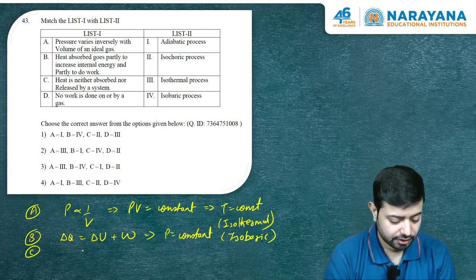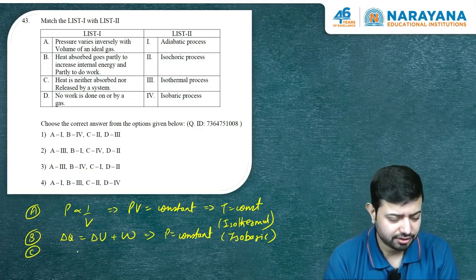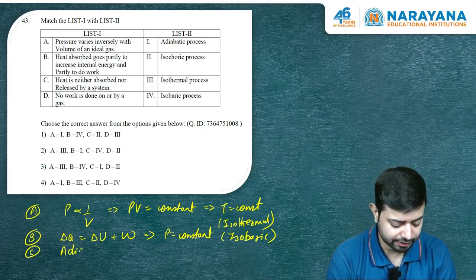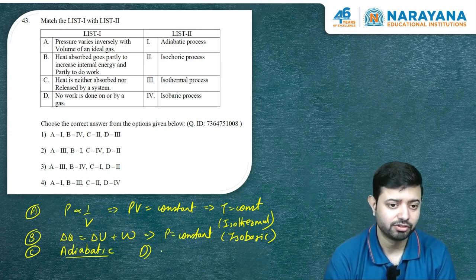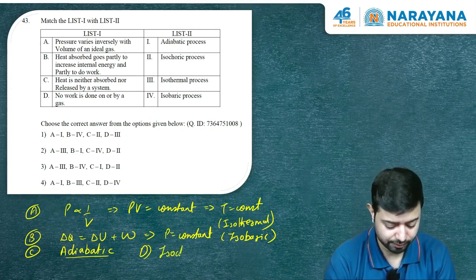C option. Heat is neither absorbed nor released, it is a straightforward adiabatic. And for D option, no work is done when the volume is not changing, isochoric.